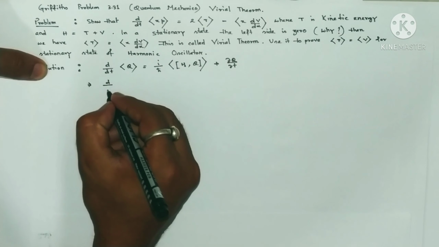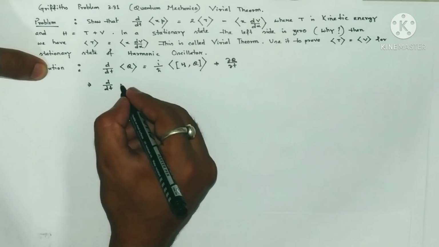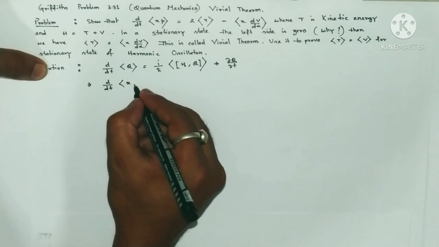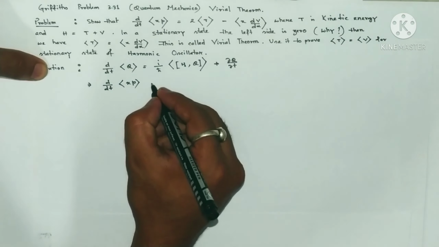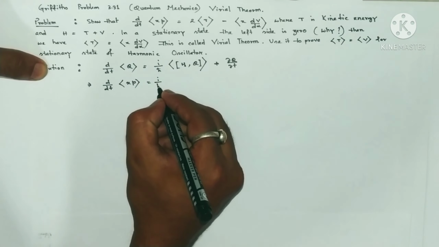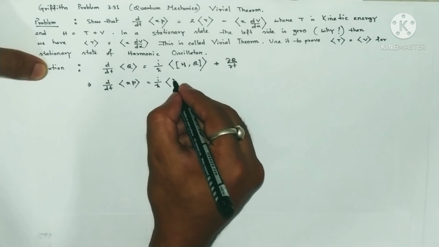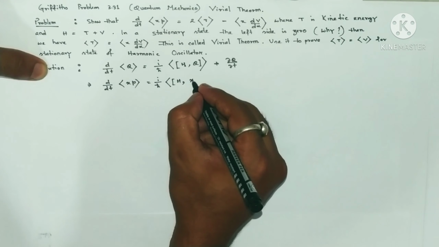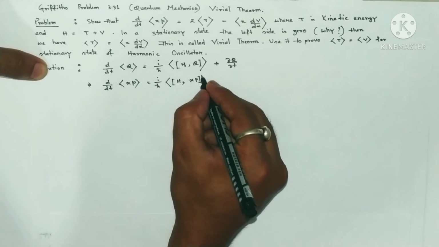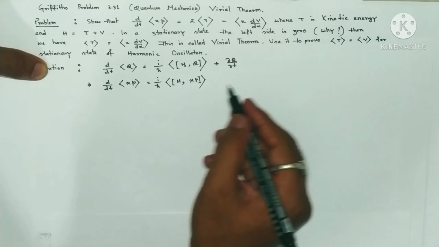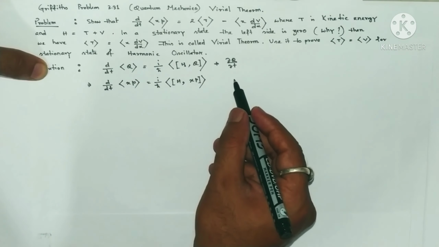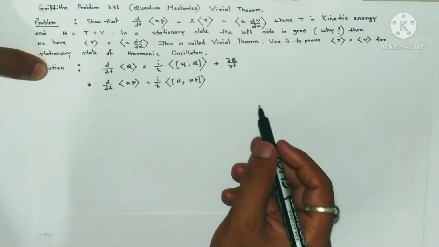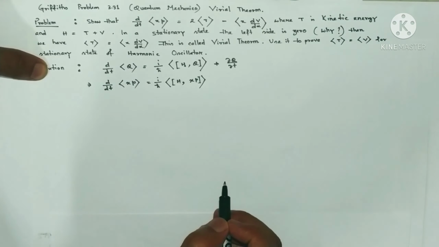So d/dt of the expectation, in place of Q we can write xp, so i/ħ, H is the Hamiltonian, and in place of Q we write xp. Since xp is not explicitly dependent on time, you can consider that term as 0.